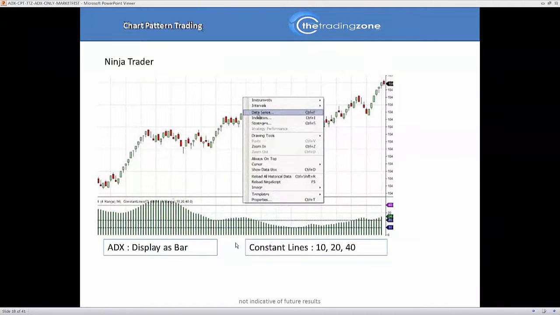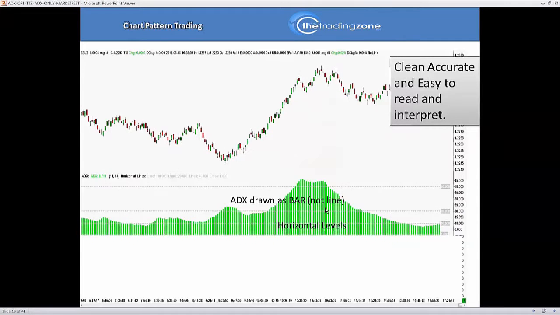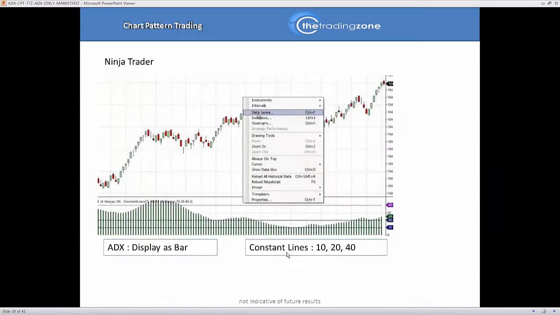So on NinjaTrader, same thing. You want to change your display to display as bars, and that horizontal line is called constant lines. 10, 20, and 40. So if you did it on NinjaTrader, you'd have them set at 10, 20, and 40, same thing.